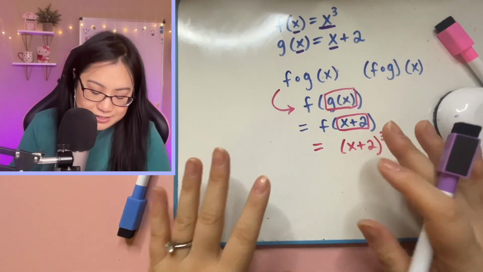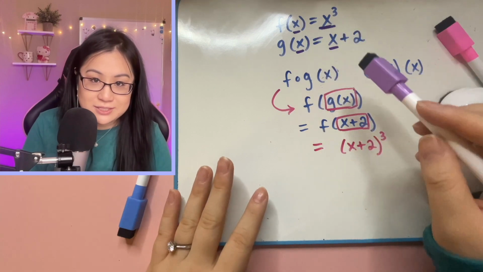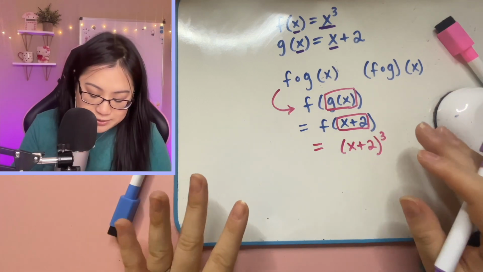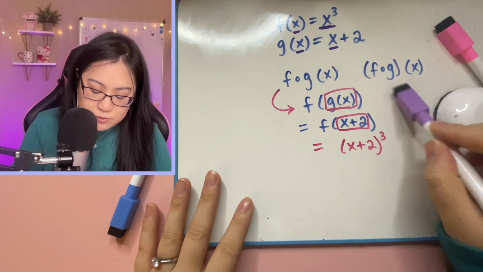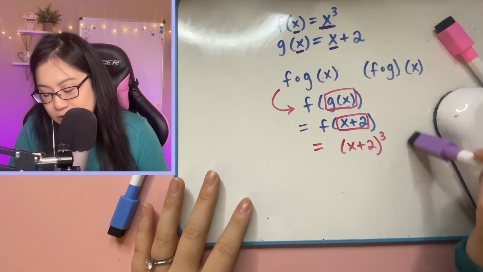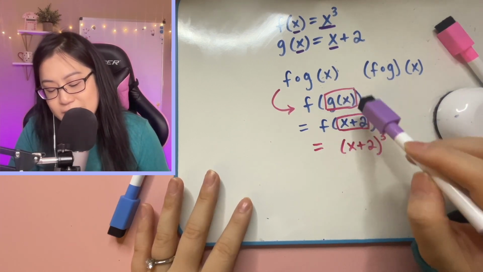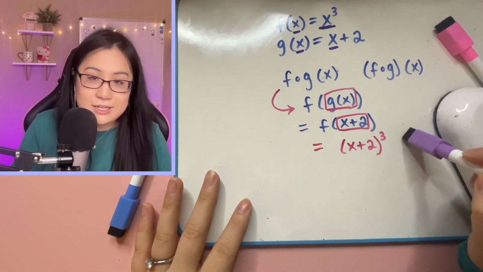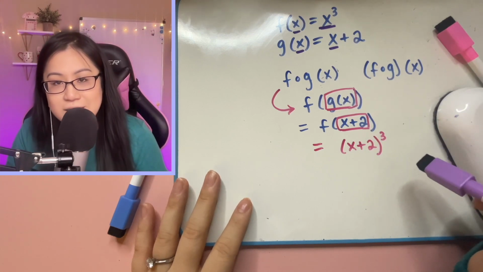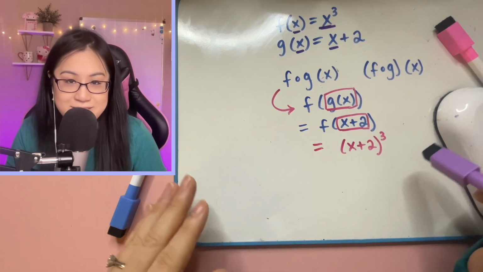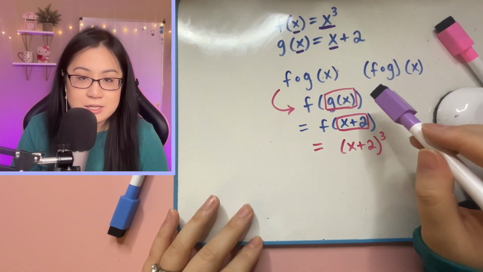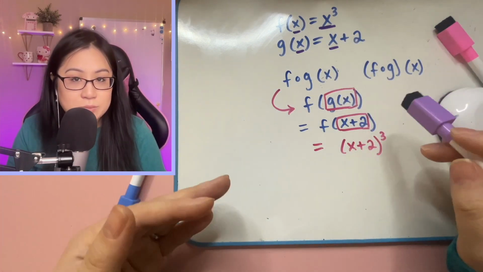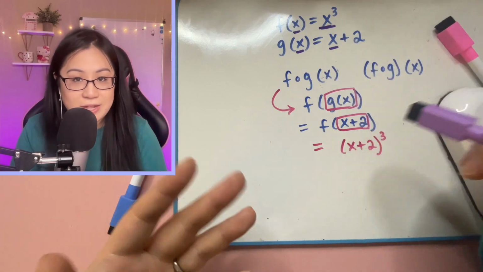So before we get into more examples, which we'll do in a second, now that we have this general big picture idea of what's going on, I wanted to give you a little bit of food for thought, which is that now that we are putting g of x as an input into f of x, we need to consider the domains and ranges of these functions. The domain of a function is basically the set of all allowable inputs, or in this case x values.